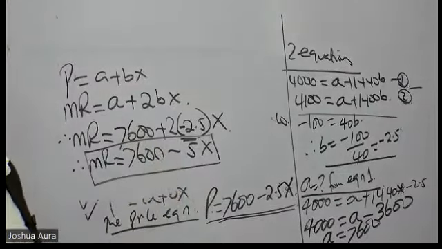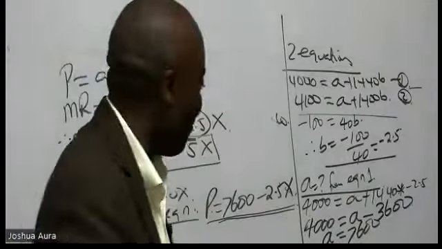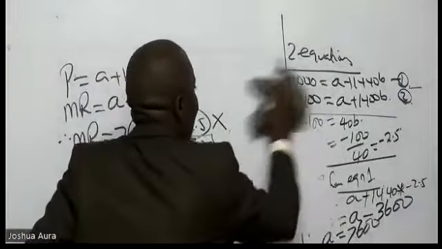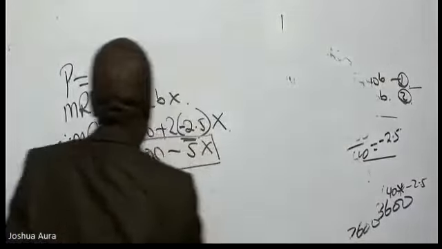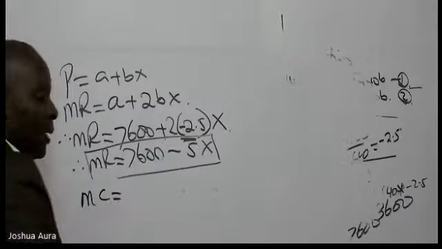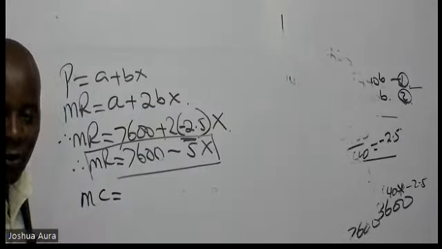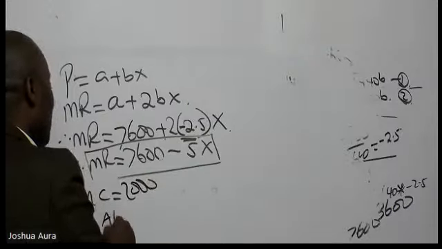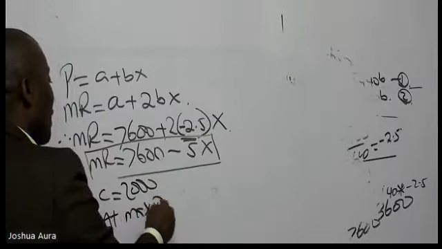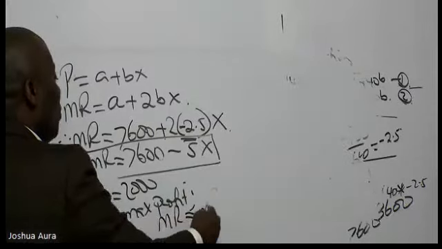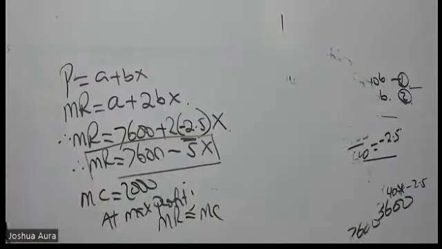Now, once I get this, remember that you had given me marginal cost. For the double room, marginal cost is 2,000. And you told me that at maximum profit, marginal revenue should be equal to marginal cost.